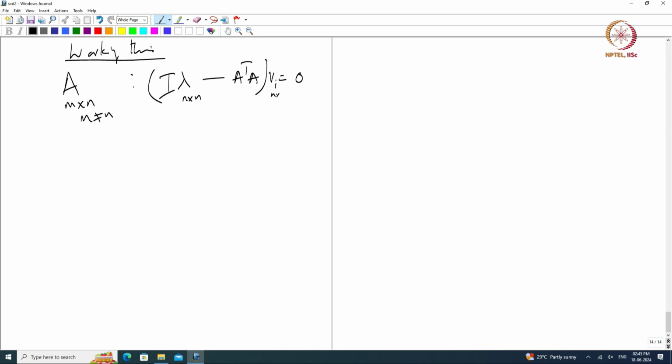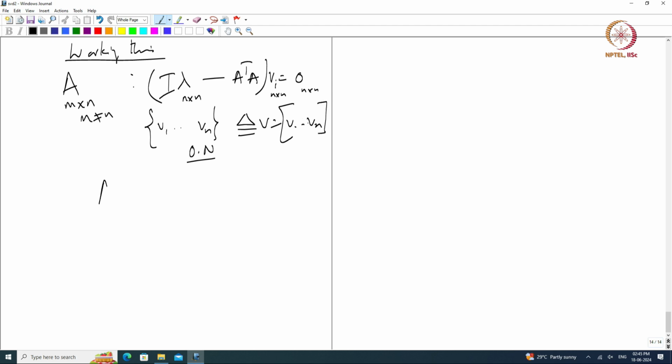This is n cross n. So, I now get a set V 1 to V n, which is orthonormal. I will define that V to be this V 1 to V n.